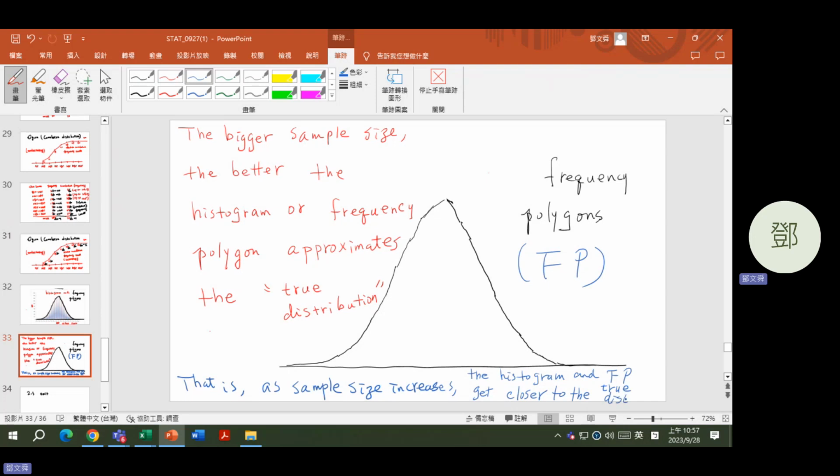Hey, this is going to appear in your midterm exam. All right? It's going to appear in your midterm exam.